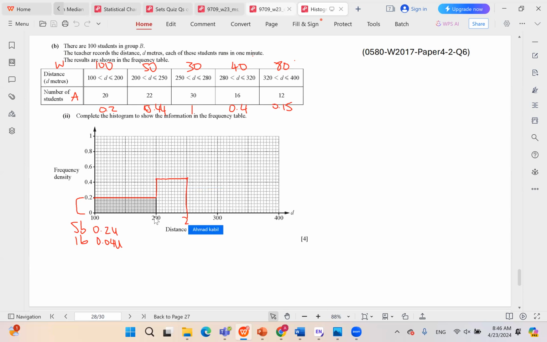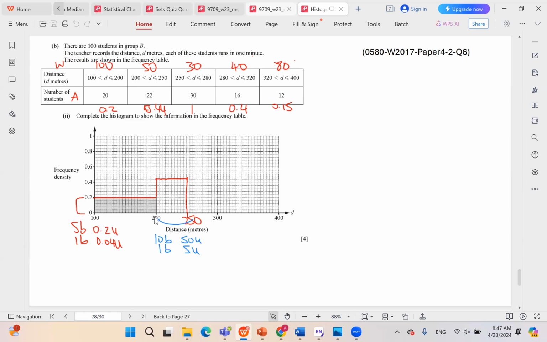This is 250. For the sake of thoroughness, we are going to calculate the ratio here as well. So from 200 to 250, we have 50 units and we have 10 boxes. So one box is equal to 5 units. So we want to go from 250 to 280.